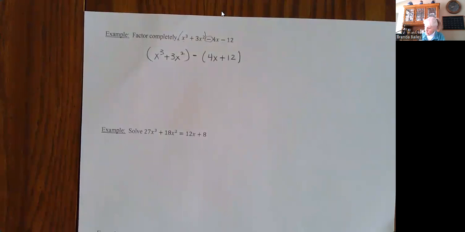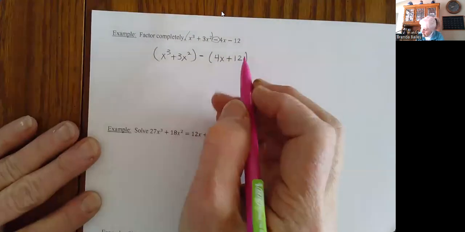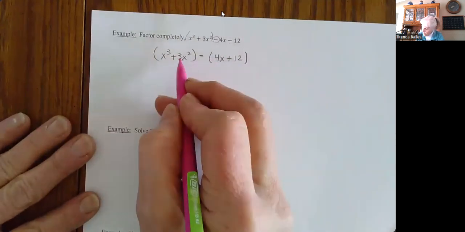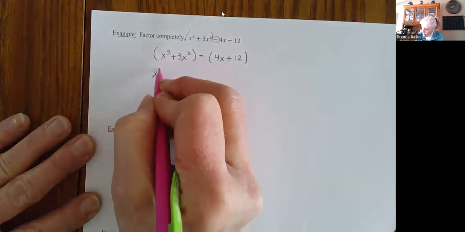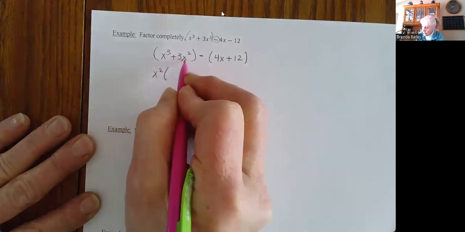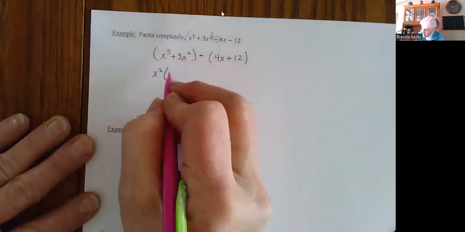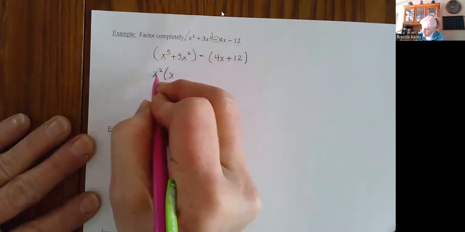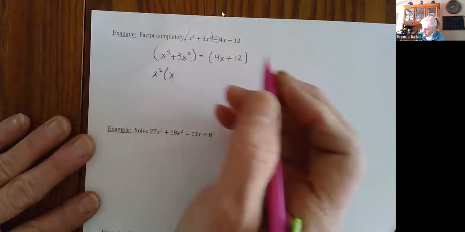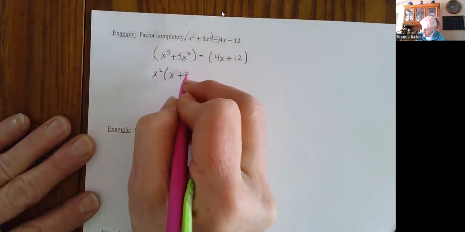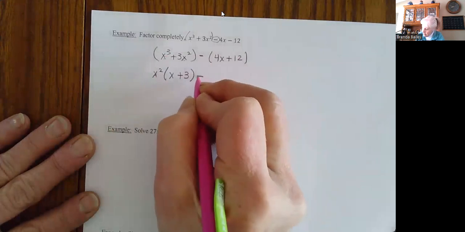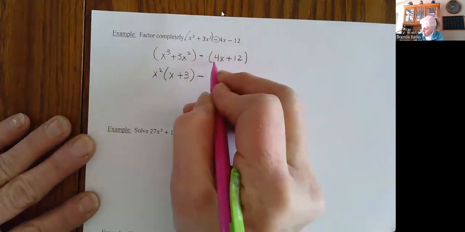All righty. So here, I will pull out the greatest common factor of an x squared. If you're grouping, you'll always be pulling out a greatest common factor. x times x squared is x cubed plus 3. Minus, let's pull out a 4.